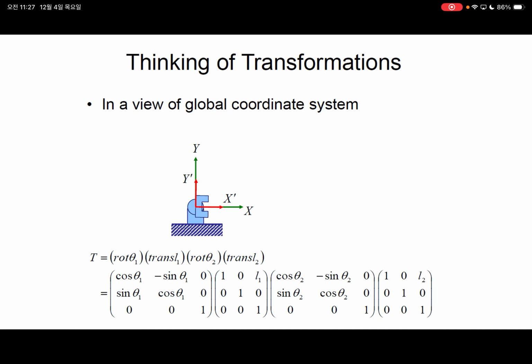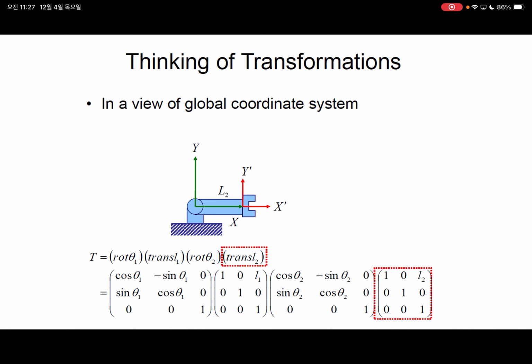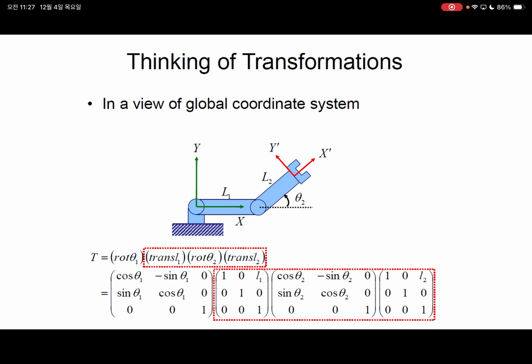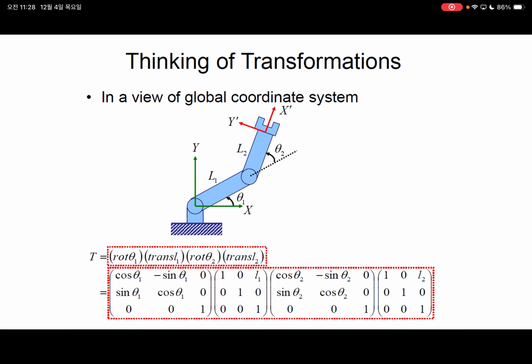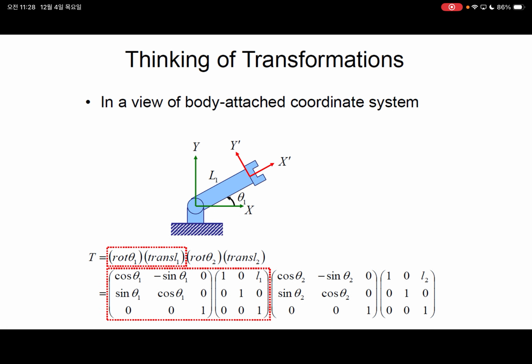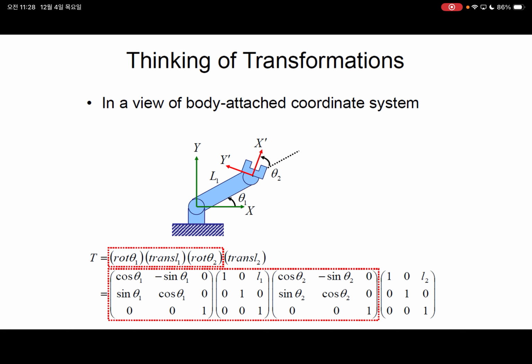And another viewpoint is the global coordinate system. We just use the origin global coordinate system. And here, we apply translation first, L2, and then we apply theta 2. And then we move about the L1. So as you can see, the difference is that here, the follow-up operations are done in this space, not green space, red space.